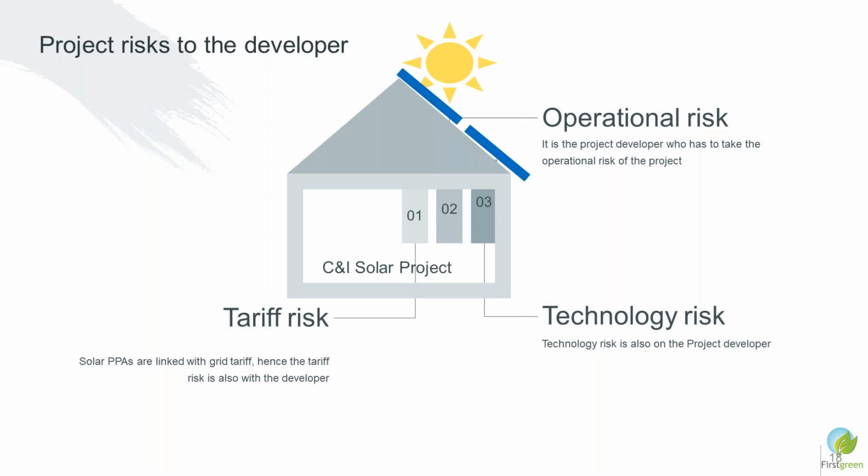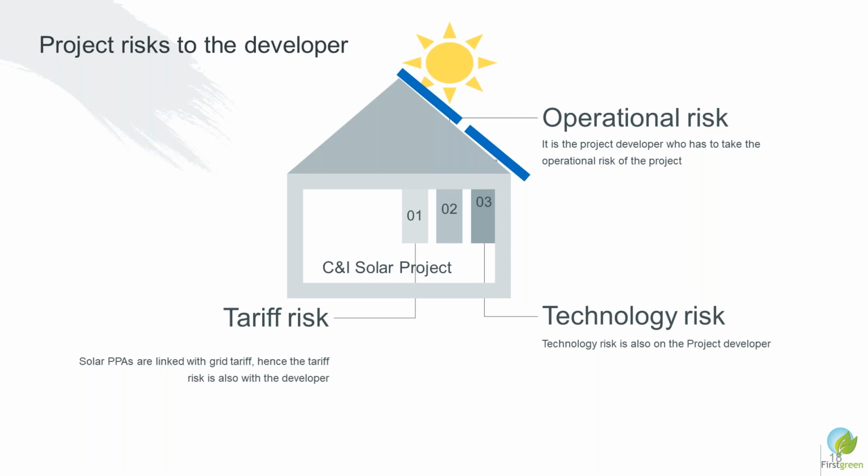So the risk comes again on the developer. If you are protecting your client that even if there is an escalation in my tariff, but if at any point of time the solar tariff goes above the grid tariff, then we will not increase your tariff, that type of thing puts a risk on the developer himself.